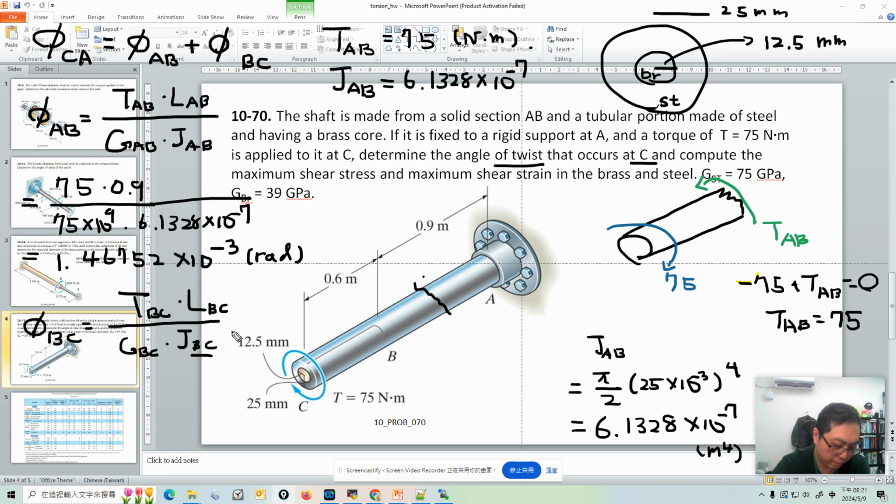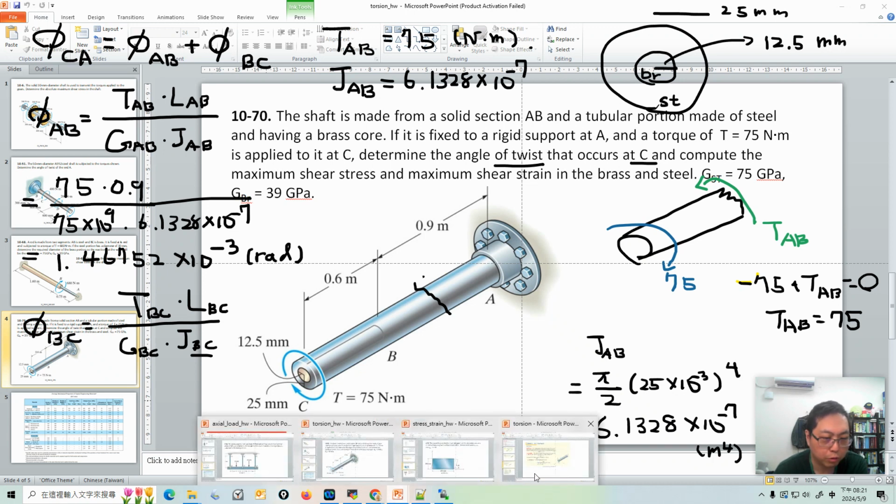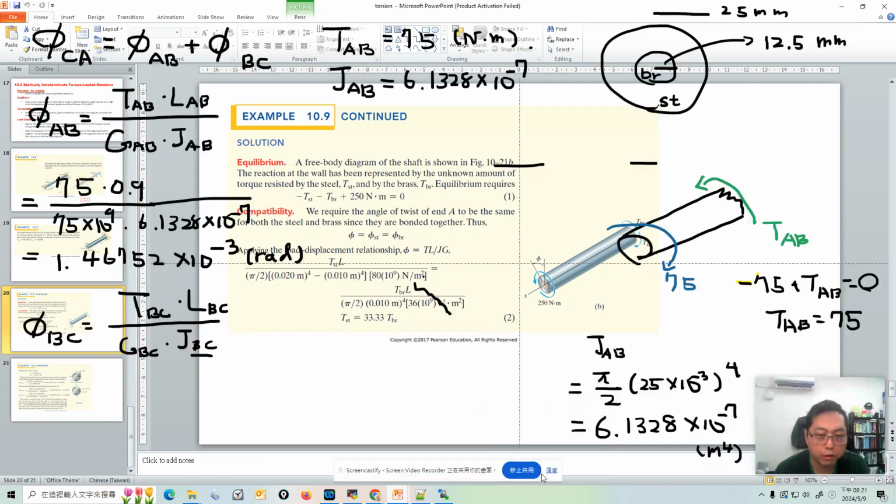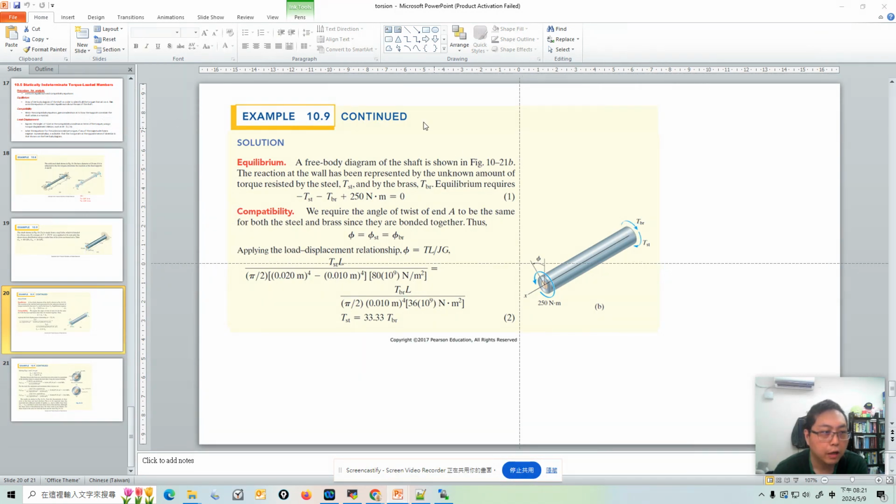Actually, in a previous video, I made one video for a statically indeterminate problem for a torque-loaded member, so it's very similar to this problem. Let's go back to see the PowerPoint here. I made a video for 10.9. It's a coaxial structure.